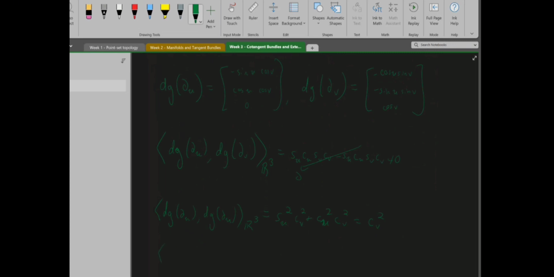Namely, dg del v in R3 multiplied with itself, the length of it squared. So what I'm saying is the length is the square root of this quadratic form. So this should be cosine v. And this one is going to be sine squared v plus cosine squared v. That one actually is 1.